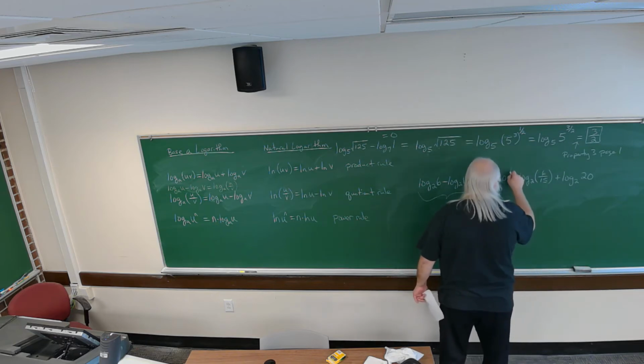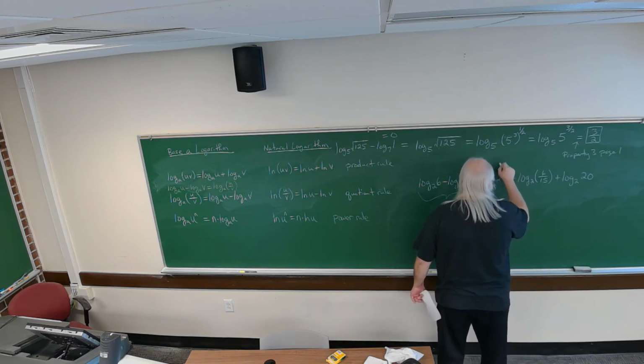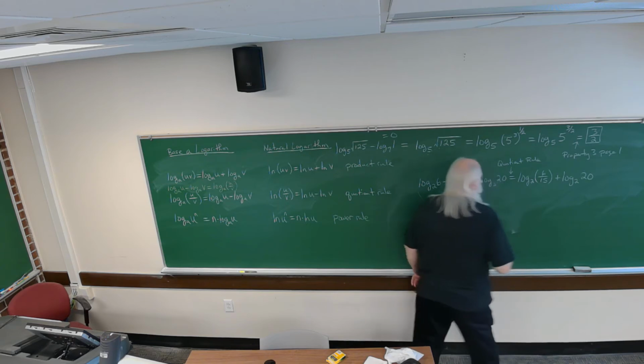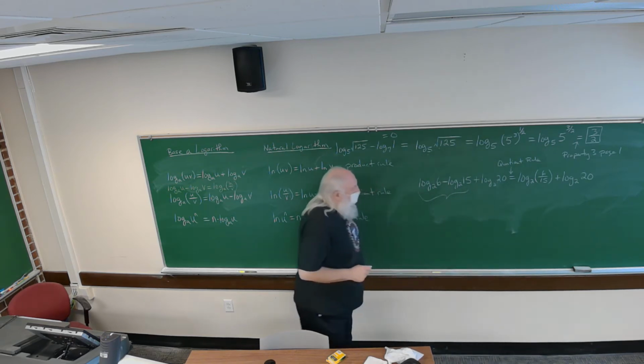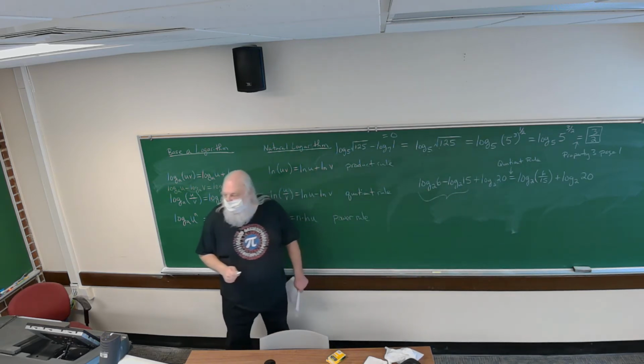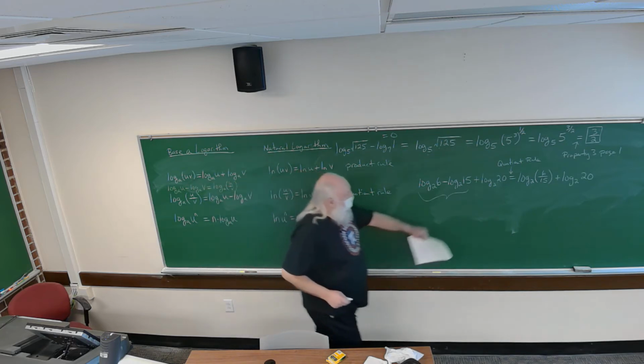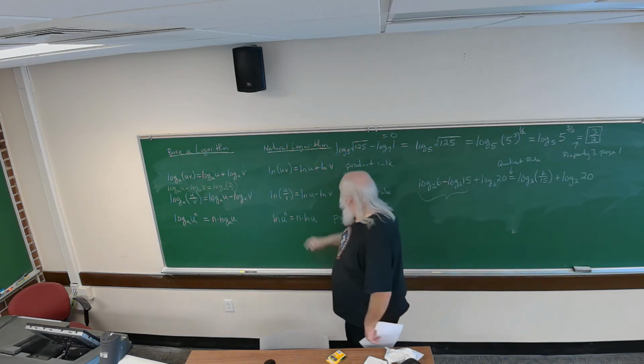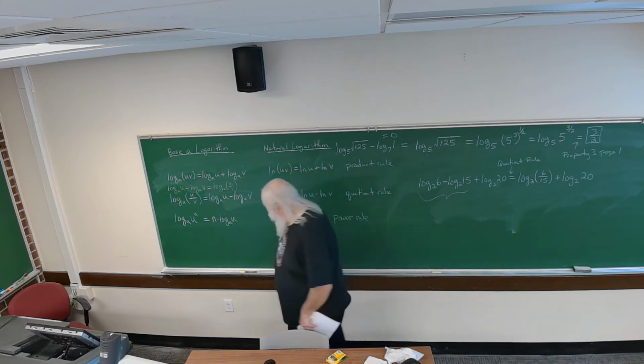So in this step we used the quotient rule. Stay with me. Now we're adding two logs in the same base, and so we can apply the product rule in reverse.